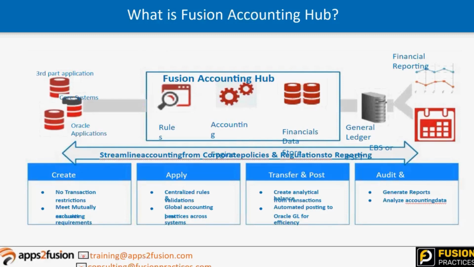Now your third-party systems can be anything. They send over information, so you can create the transactions. You can also restrict some transactions from being created. You can apply the centralized rules and validations. When I say centralized rules, all your rules are visible on the UI. You can do all your transformations within the UI.